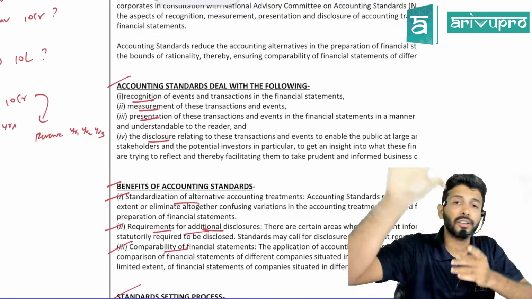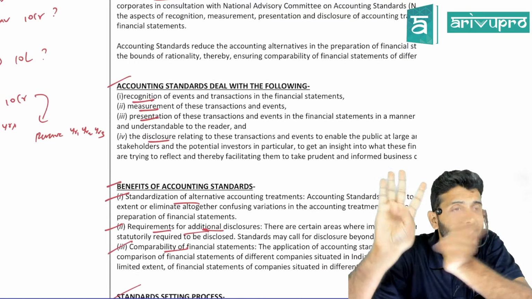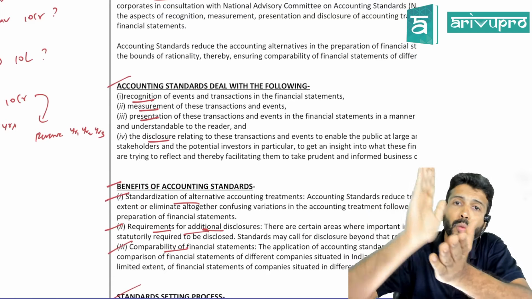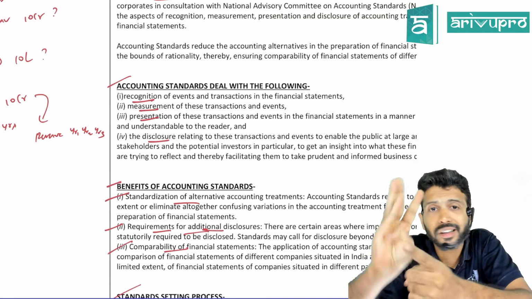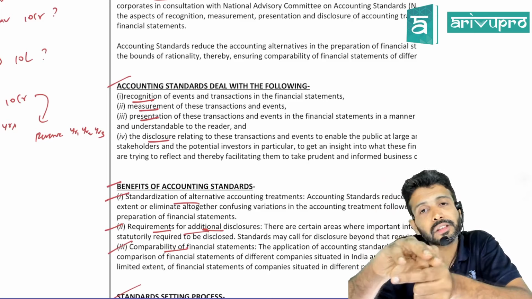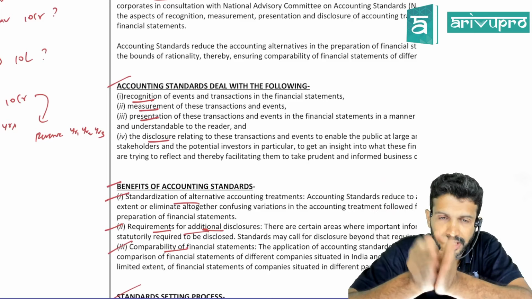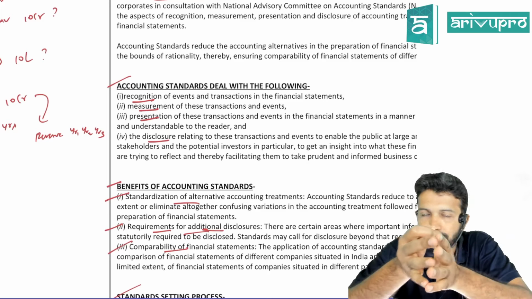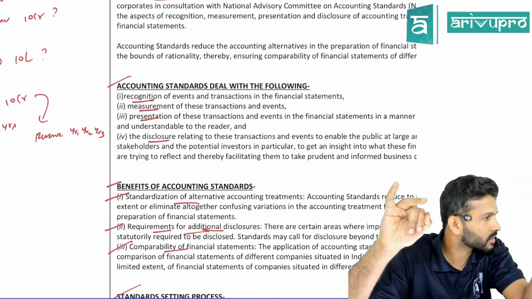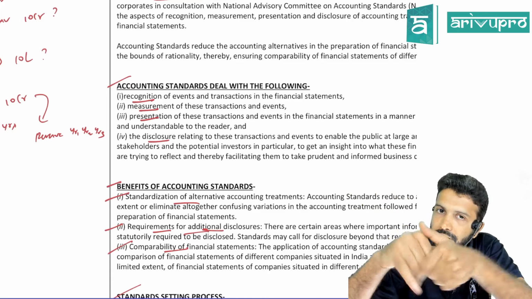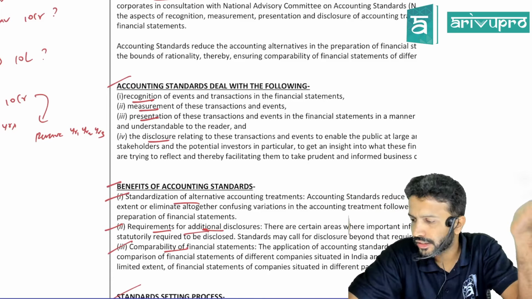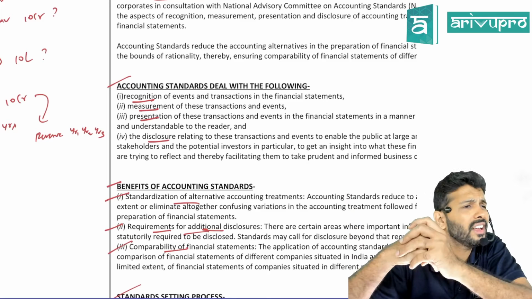What is it again? First, who is taking the lead? ASB, Accounting Standard Board. Their first job is to identify for which area an accounting standard is required. Then they will form a study group consisting of experts in that particular area. The study group will work upon the draft standard. Once the draft is ready, they will circulate it to the affected persons and ask for comments.